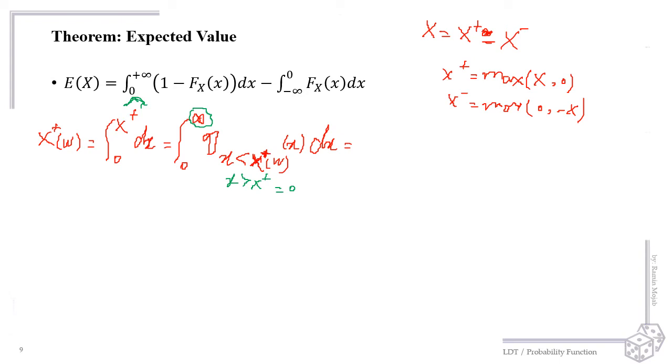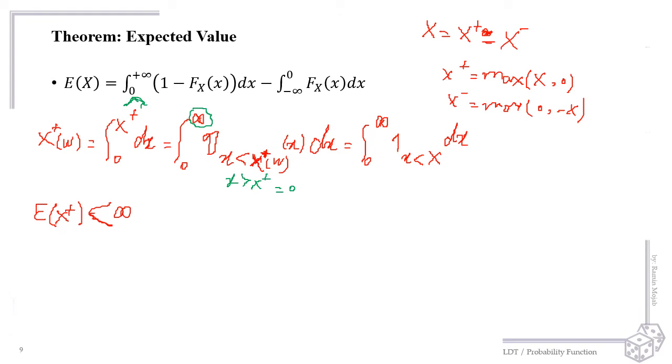The integral is from 0 to infinity, and therefore this is the integral from 0 to infinity of 1 for x less than X plus dx. Now we assume that the expected value of X plus is less than infinity. If this is infinity, then the expected value is either infinity or it is undefined.